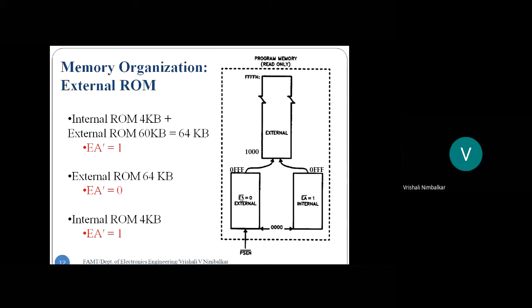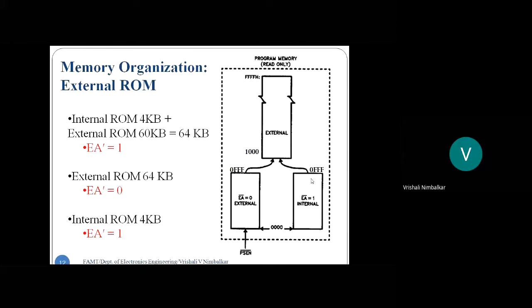Look here, EA bar is equal to 0. This is also external memory. And 1000 to FFFF is also external. So 64 KB purely external memory. Right? And look at the right hand side, EA bar is disabled. It means either you are using only internal memory 4 KB, 0000 to 0FFF, or you will use internal plus external.